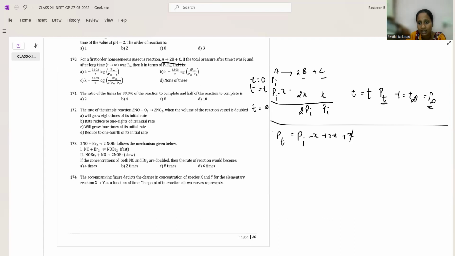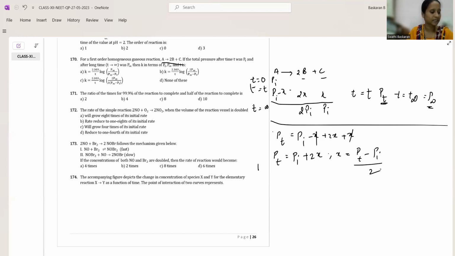So this x and this x get cancelled. Hence you get Pt is equal to Pi plus 2x. Correct? Now from here you can determine the x value. So x becomes Pt minus Pi divided by 2. Are you able to follow, students?